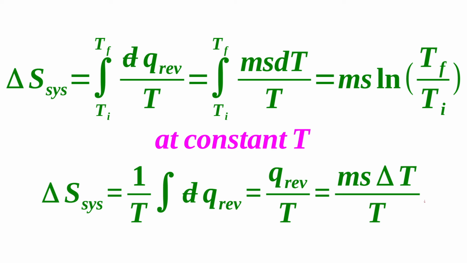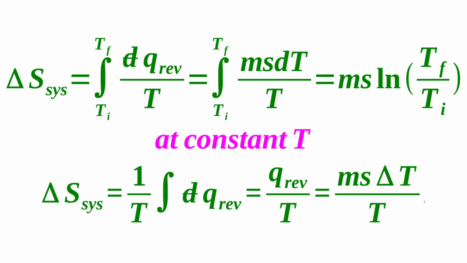Thus, delta S system is equal to ms times ln of Tf over Ti, which we used earlier to calculate the exact area under the curve of ms over T versus T for an isothermal process during which T is constant.